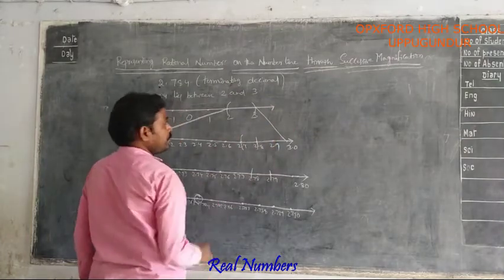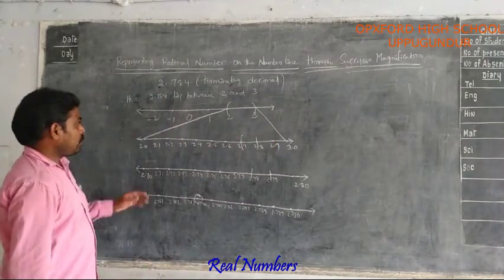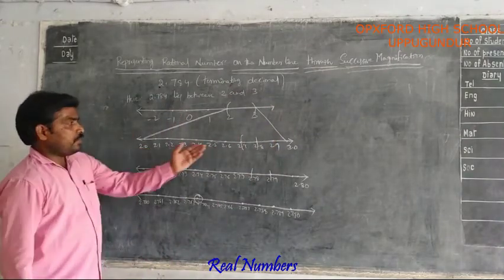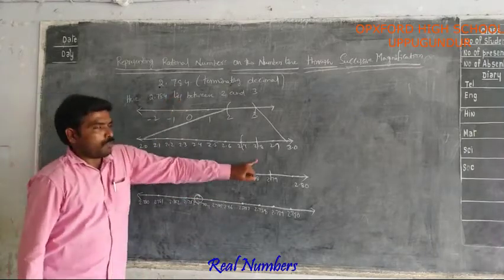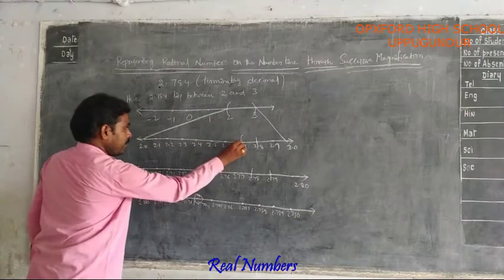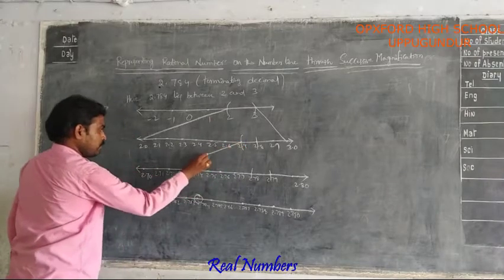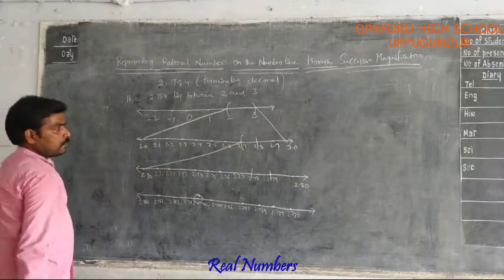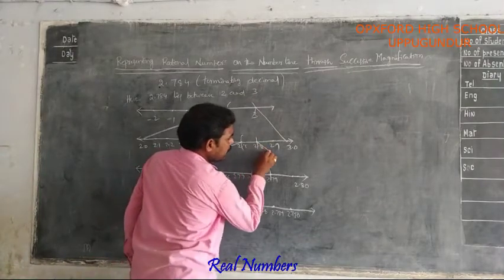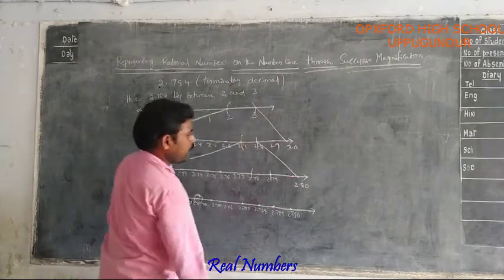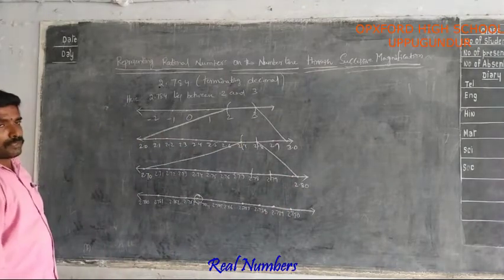We are dividing these two into 10 intervals. Now this becomes 2.0 to 3.0. Again this number lies between 2.7 and 2.8. Again we are dividing 2.70 and 2.80 into 10 equal parts.